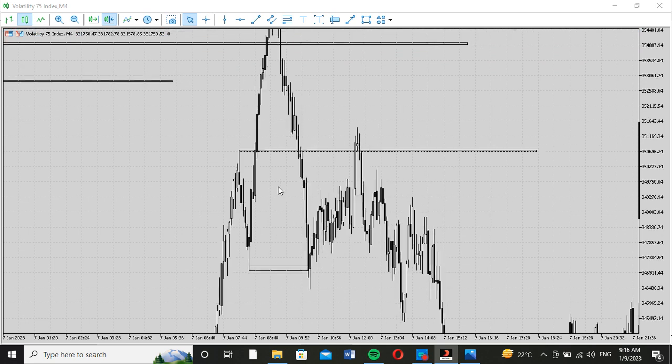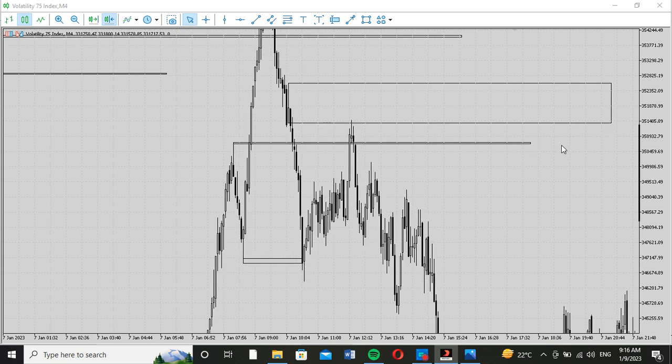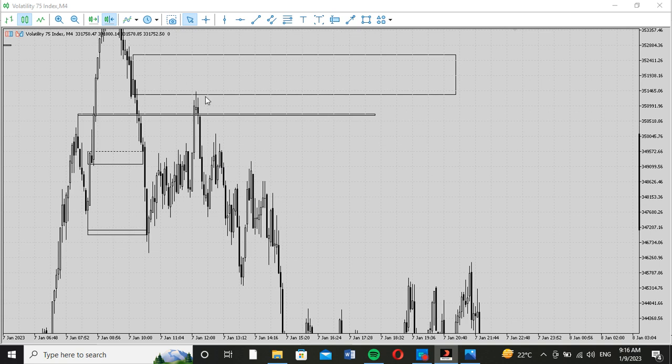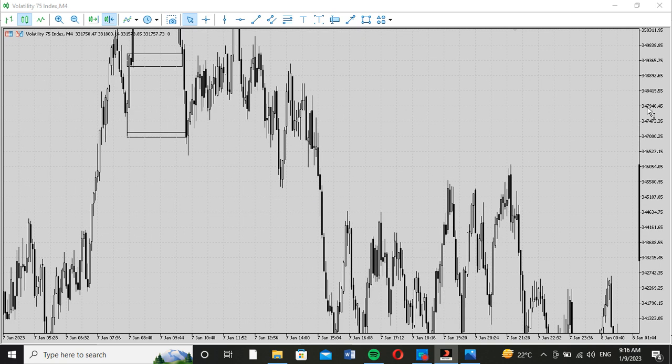So if you look closely, you can see we have a drop base drop. All right, this is where I had my second entry. Okay, then we have a flip from demand right here. Okay, so it tapped, I entered the market and it started selling down.